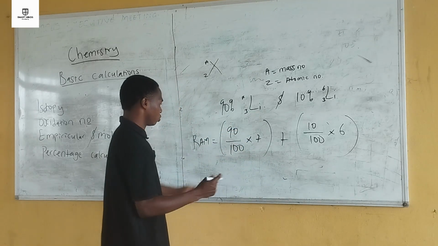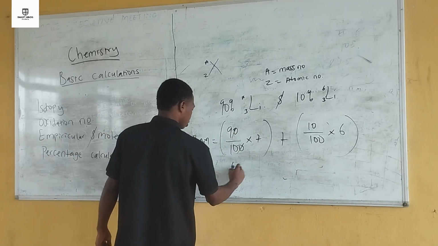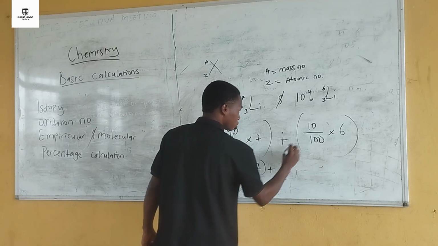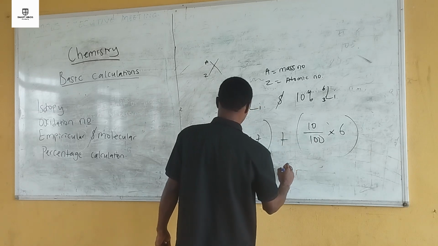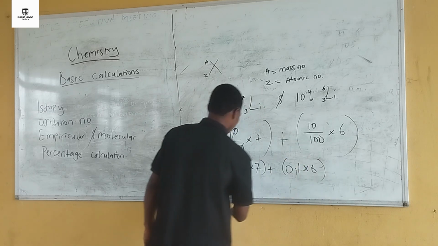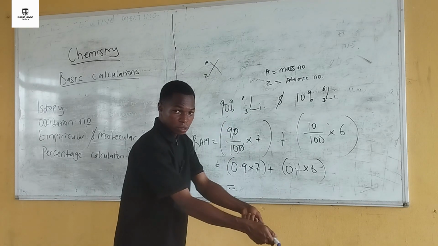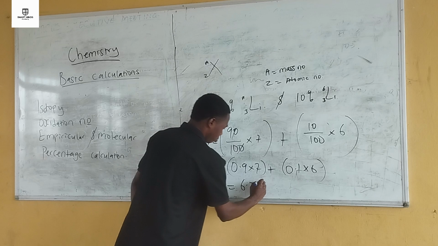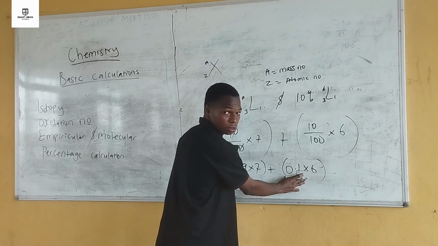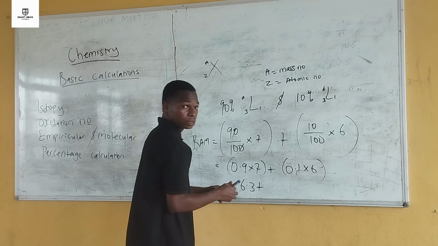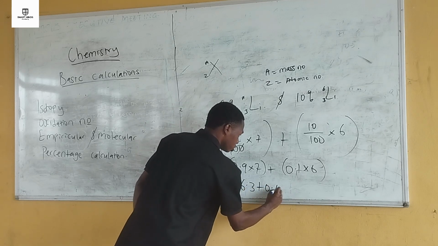So let's solve. You can do it like this: 0.9 times 7 plus 0.1 times 6. The first one is 6.3, plus the second one, 0.6.